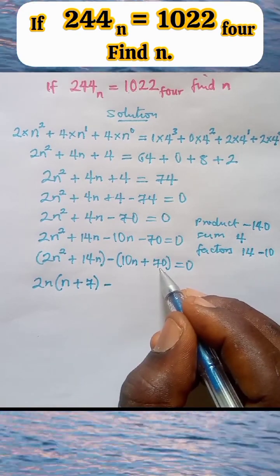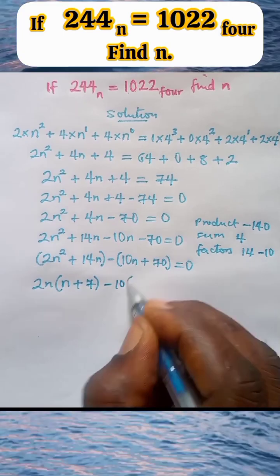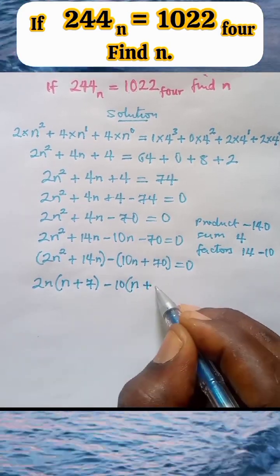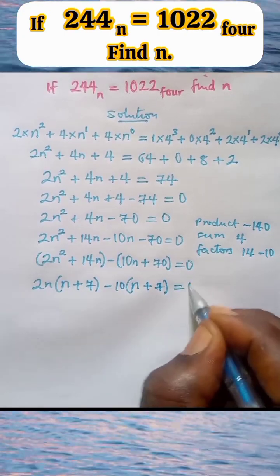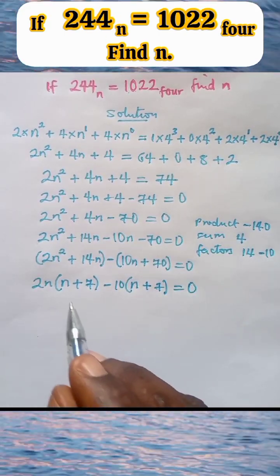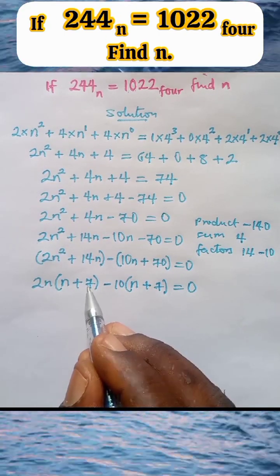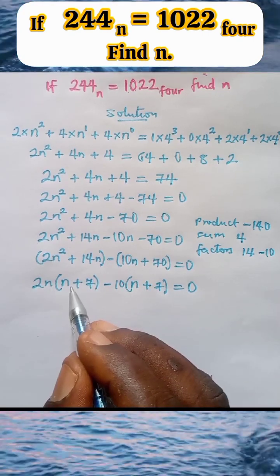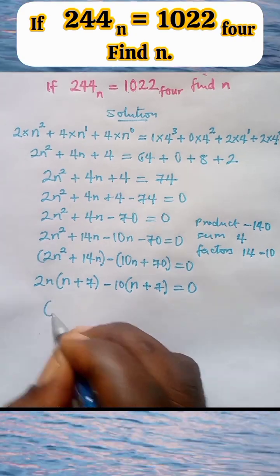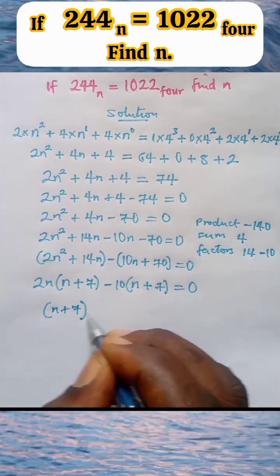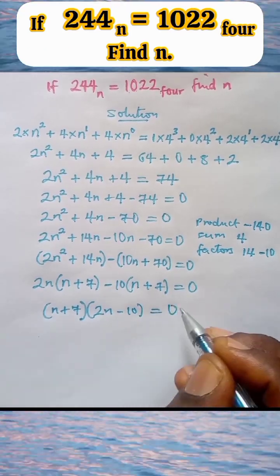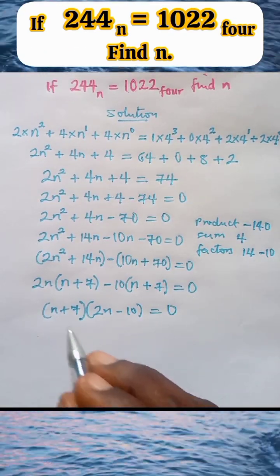Minus 10 is common to both terms, so we put 10 outside. 10 into 10n leaves n, and 10 into 70 gives us 7, equals 0. Right now, n plus 7 is common to both parts of the left-hand side, so we factor it out. We have n plus 7 in brackets, and we are left with 2n minus 10 equals 0.